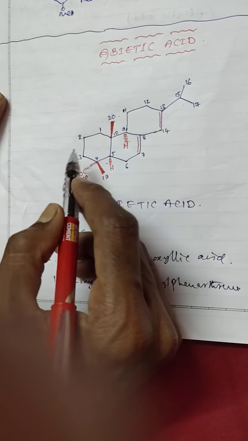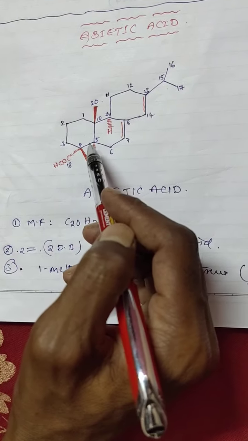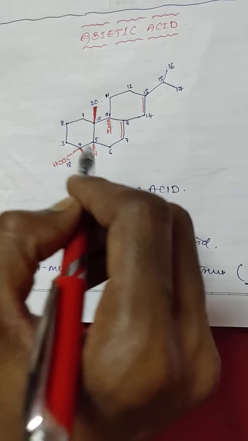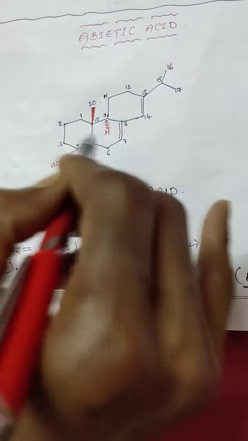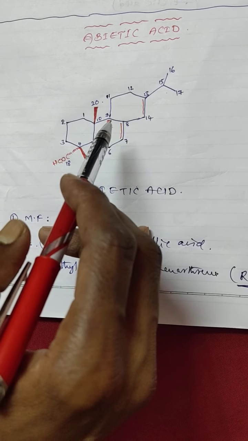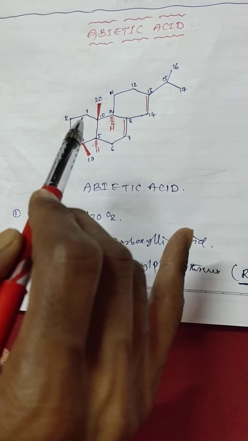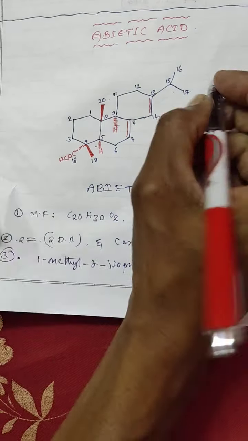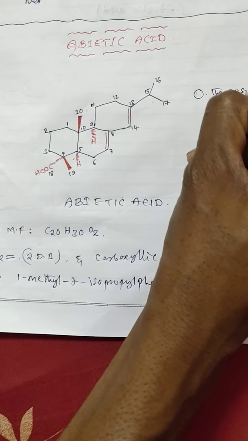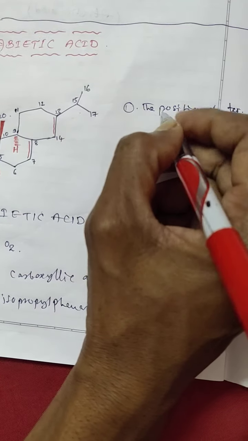Now, as abietic acid has 20 carbon atoms, the positions of 18 of which have been established by retene formation, for elucidating the exact structure of abietic acid we must first know the position of the tertiary carboxylic group.